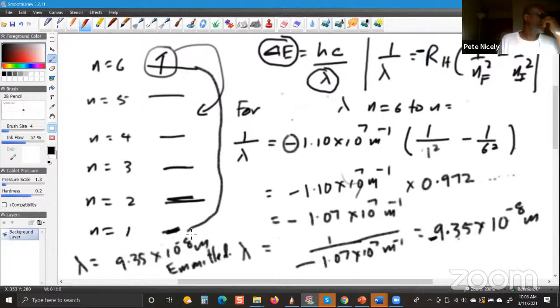All right. So that's basically how that is done. Any questions about this? It's basically the same thing as what I did before. The only difference is that I switched from n equals 5 to n equals 1, and the calculation is the same throughout. All right. Okay. So any questions?